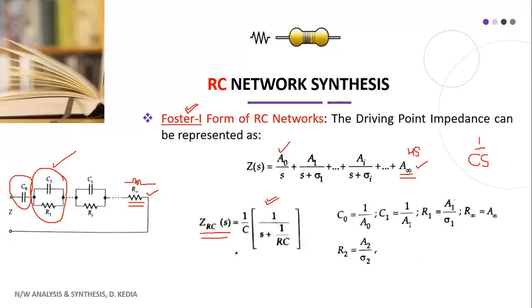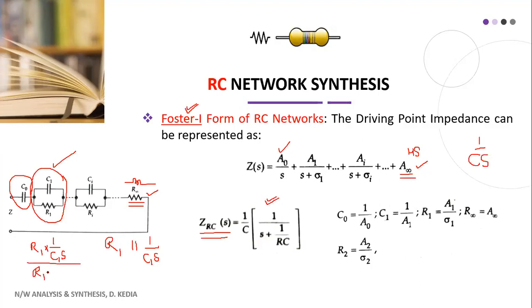It has been shown, but if you try to solve this, this is nothing but the parallel combination of R1 and C1. In case of Laplace, your R1 is represented as R1 and your C1 is represented as 1 by C1S. You apply the parallel combination formula: R1 multiplied with 1 by C1S is the numerator part, and in the denominator we add them.